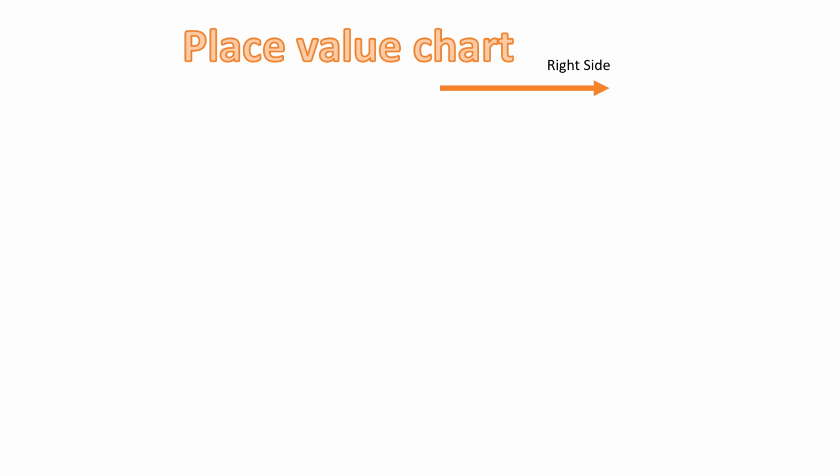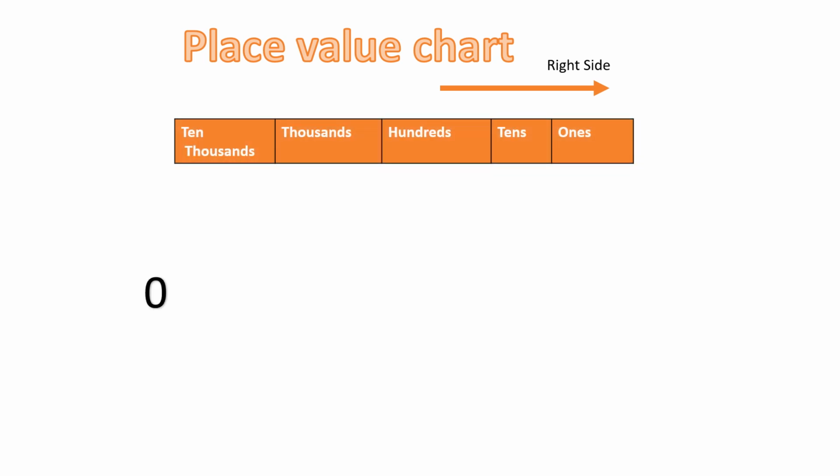Okay. Now if I give you the number 1000, again we do the same thing. 0 in the ones place, 0 in the tens place, 0 in the hundreds place, and 1 in the thousands place, and that's why this number is called 1000. But here you must know that there is a group.